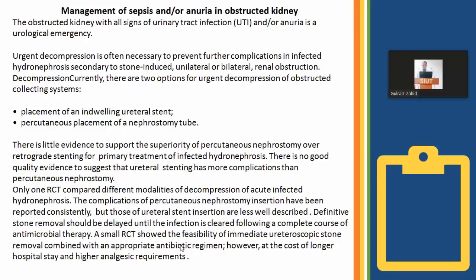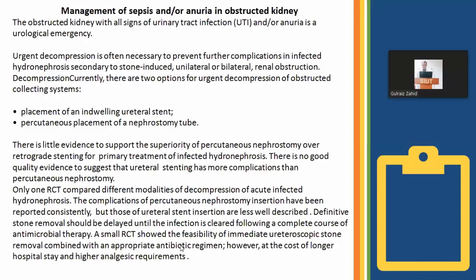There is little evidence to support the superiority of percutaneous nephrostomy over retrograde stenting for primary treatment of infected hydronephrosis. There is no good quality evidence to suggest that ureteral stenting has more complications than percutaneous nephrostomy. Only one randomized controlled trial compared different modalities of decompression of acute infected hydronephrosis.